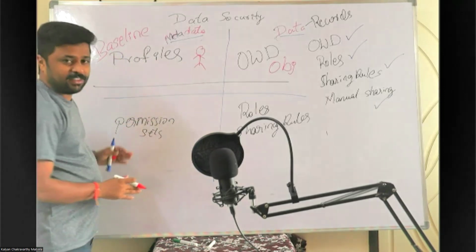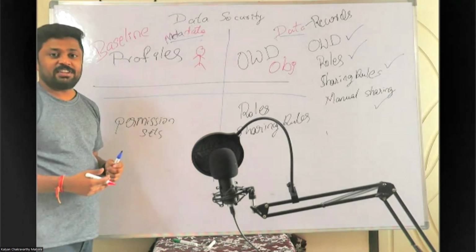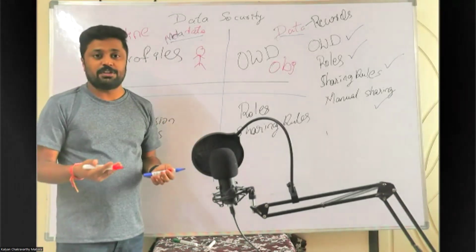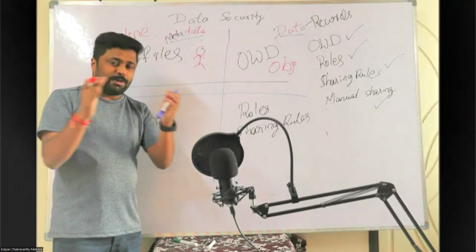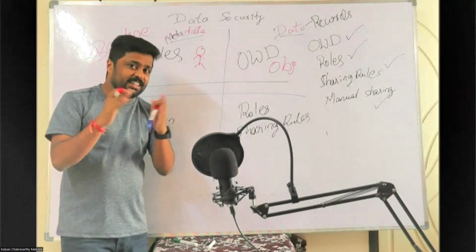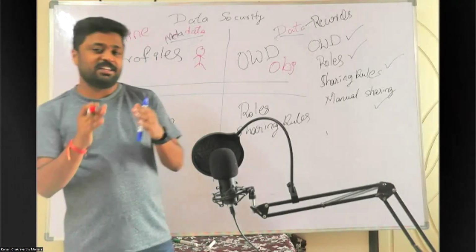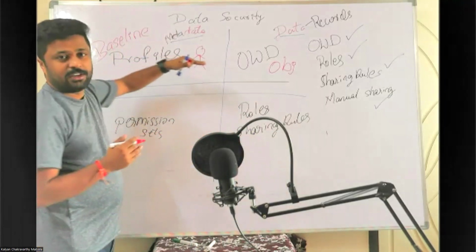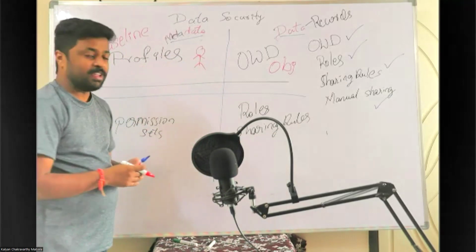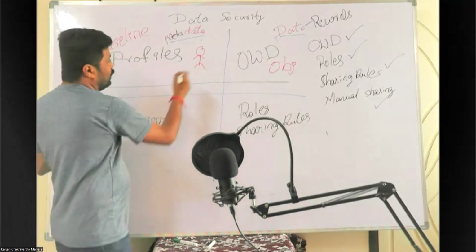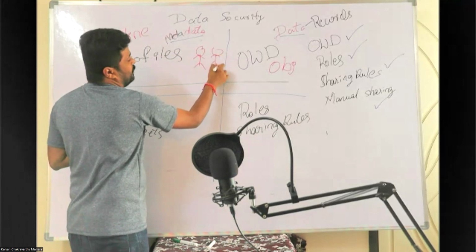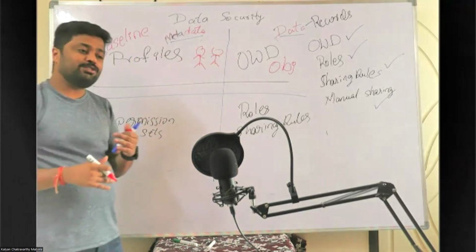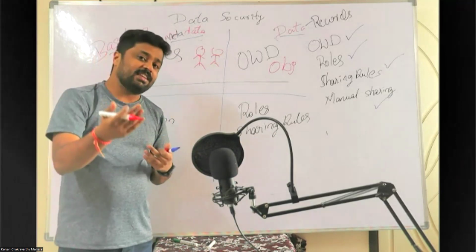This is the basic. Now, why permission sets then? After creating the profile and giving multiple permissions, suppose there is a group of 10 teachers or instructors in your sales company. Two of them not only teach, they are also going to manage admin things.